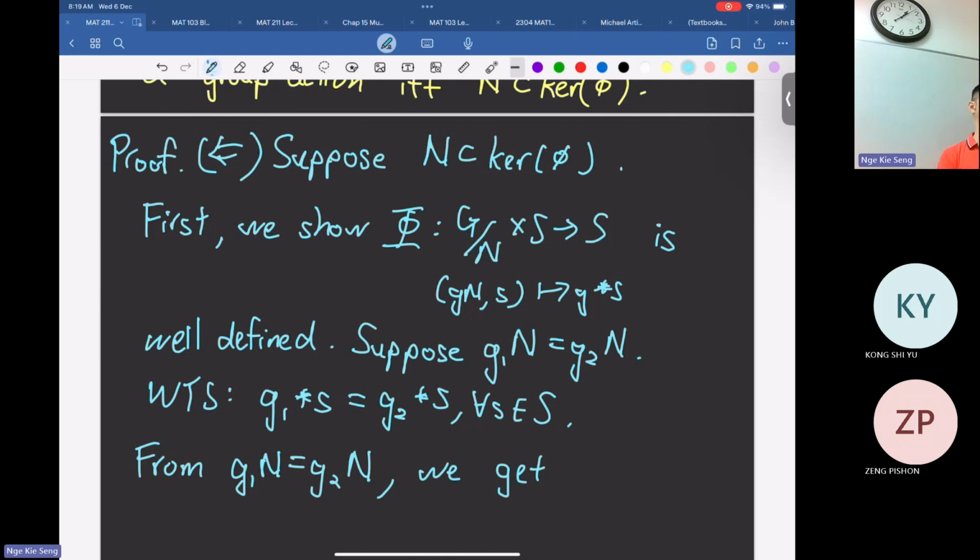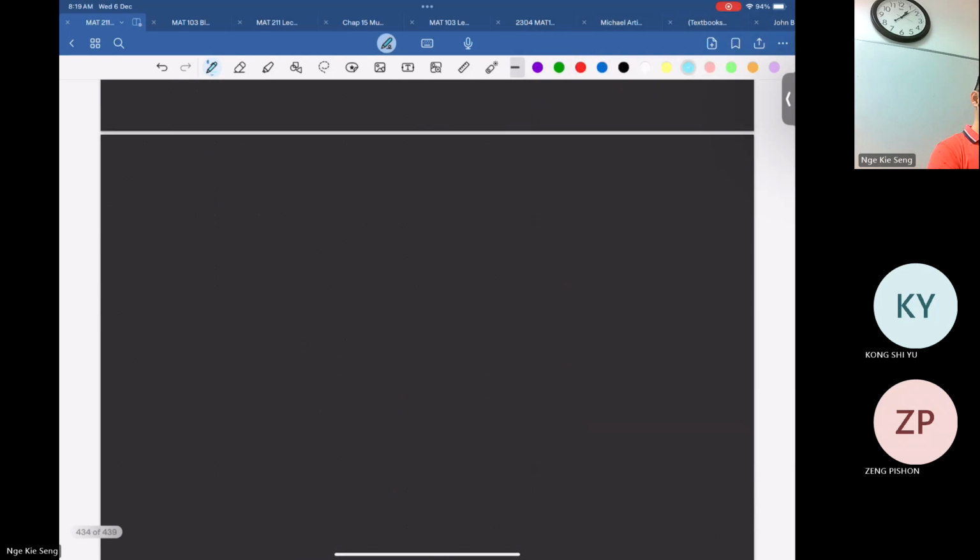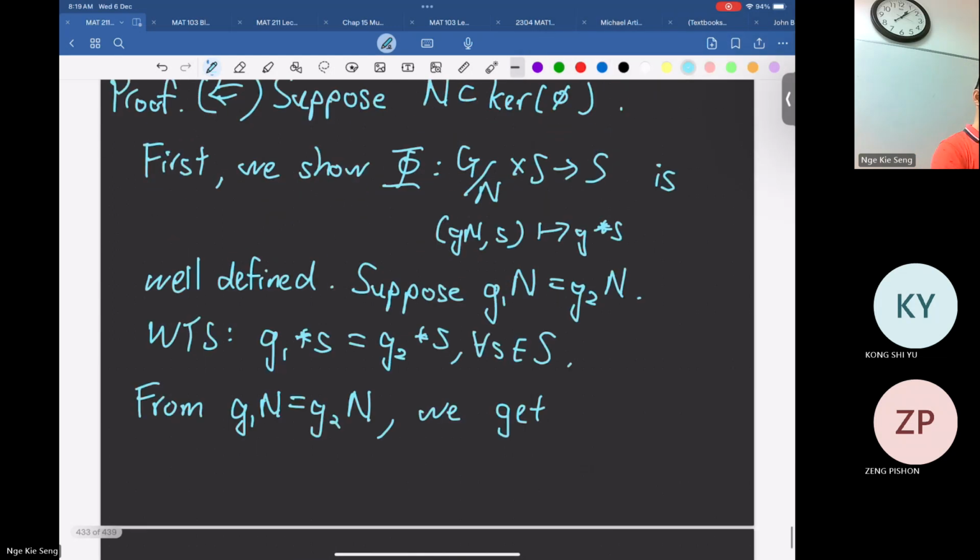If two cosets are the same, what can we get? G2 inverse G1 N equals N. Meaning what? Meaning G2 inverse G1 is in N.